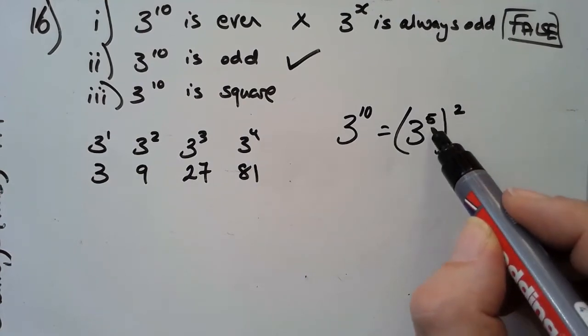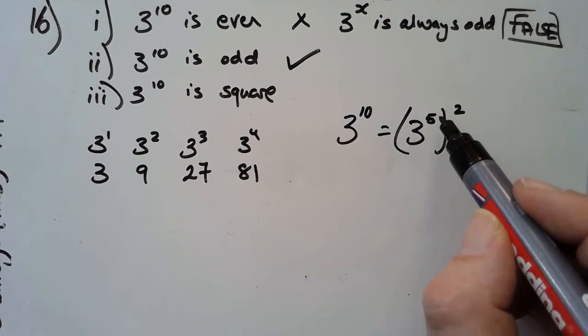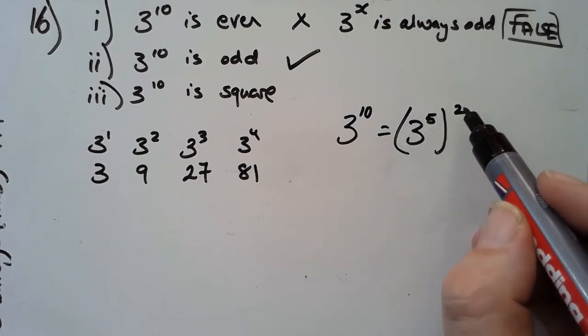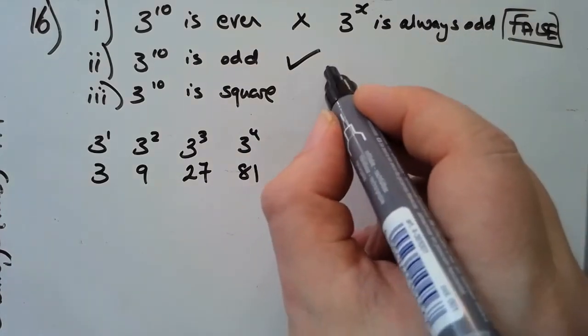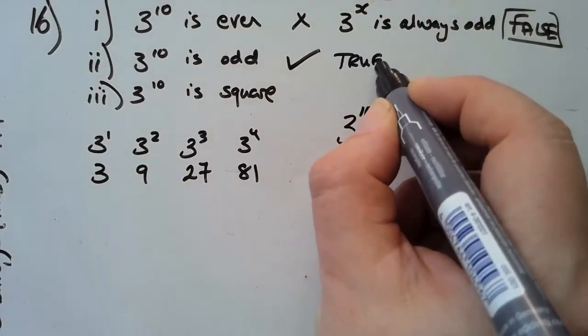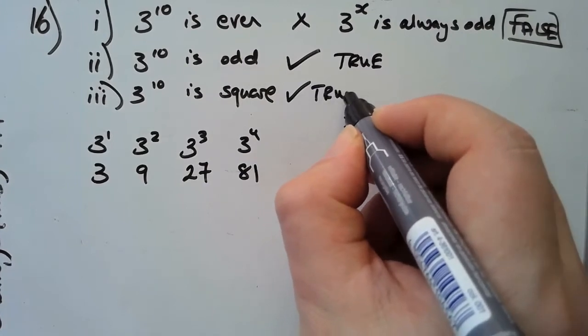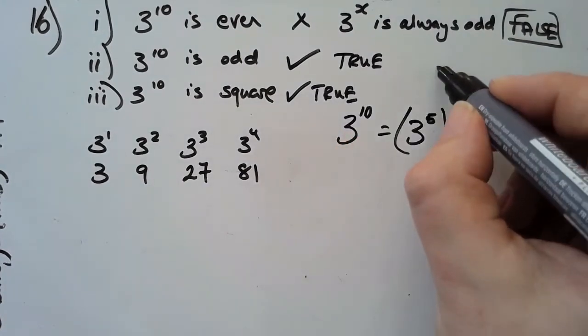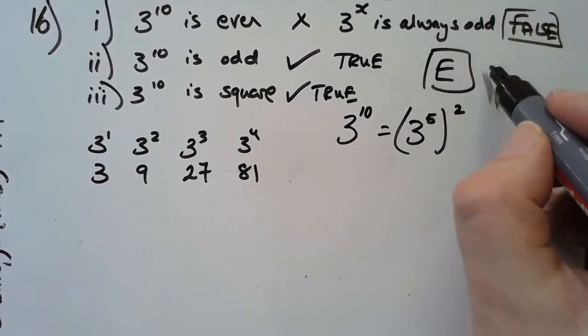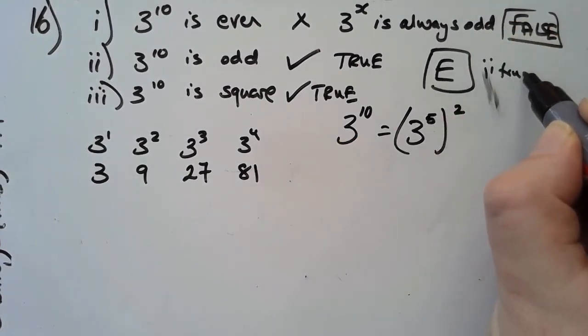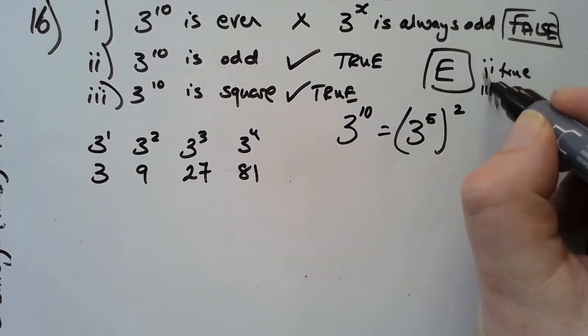We can do a square of a power of 5. Therefore, 3 to the power 5 all squared will always be a square number. So this is also true. This is true, and this one is true. So the answer is going to be E. 1 is true, and 3 is true.